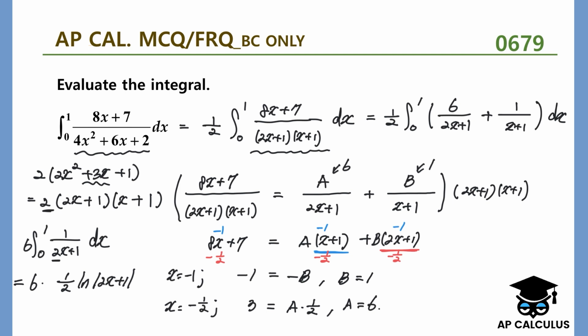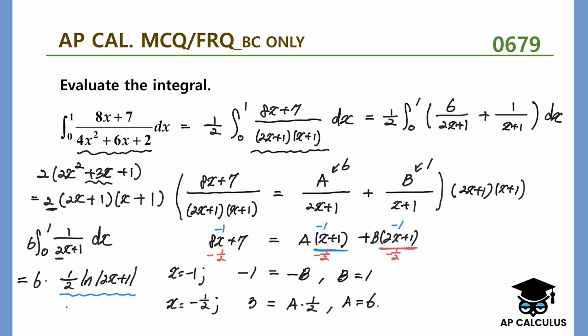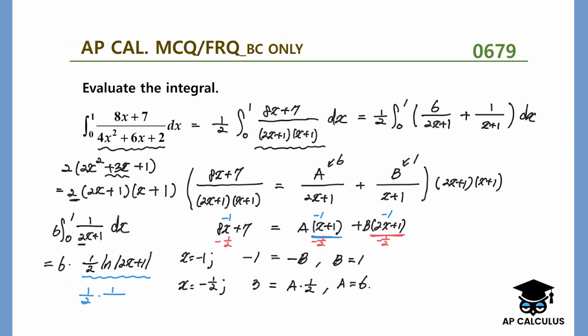If we have 2 here, then we must multiply by 1/2, so that the derivative of this is equal to 1 over 2x + 1, right? Let's write the derivative of this. That's going to be 1/2 times 1 over 2x + 1, and by the chain rule, we have to multiply by 2, the derivative of 2x + 1, right? So that this cancels out, and we get 1 over 2x + 1 here, right? Does that make sense?